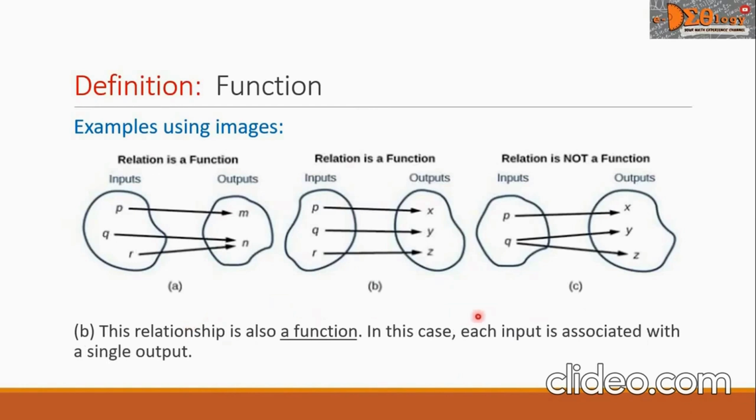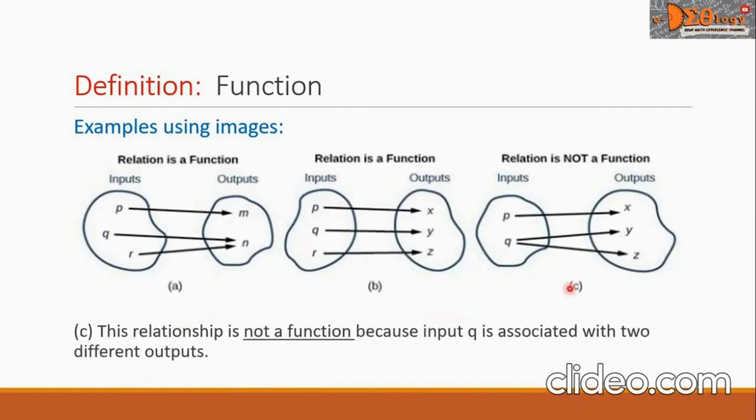In this case, each input is associated with a single output. In the third image C, this relationship is not a function because input Q is associated with two different outputs.